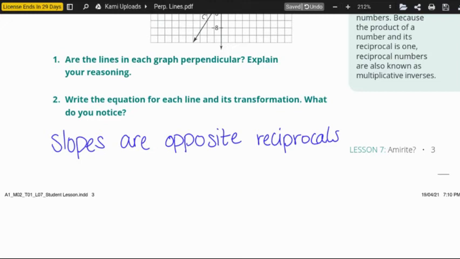One will be positive, one will be negative, and then the ratio of rise over run will flip between the two lines. They will be reciprocals of each other. So just going backwards a little bit, we addressed that parallel lines, the slope will always be the same. Perpendicular lines, our slopes will always be opposite reciprocals.